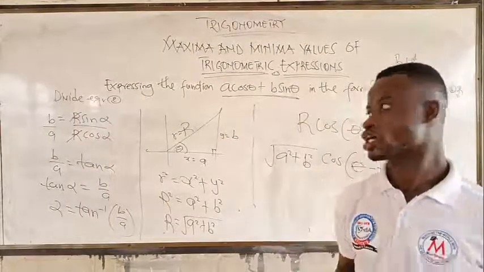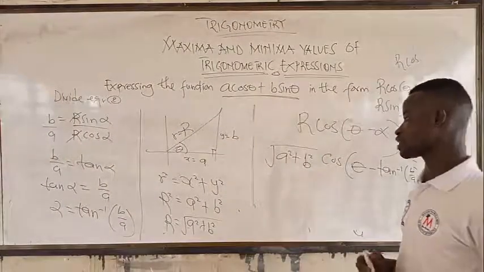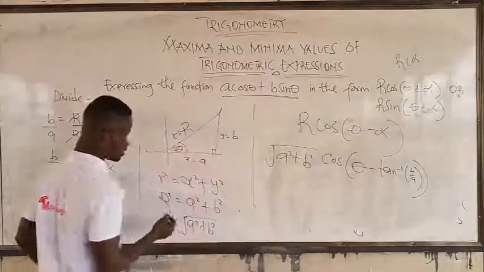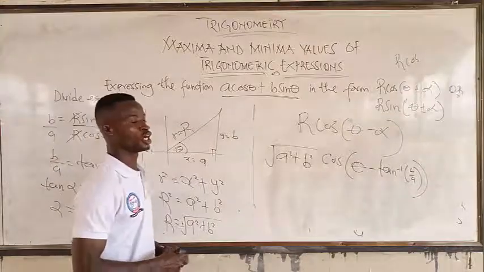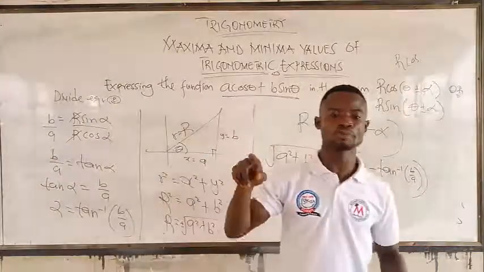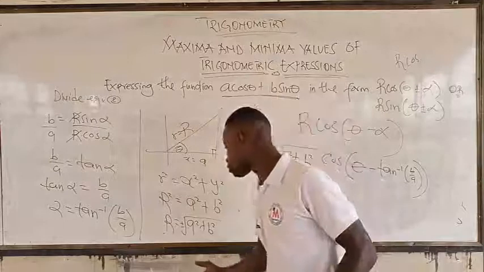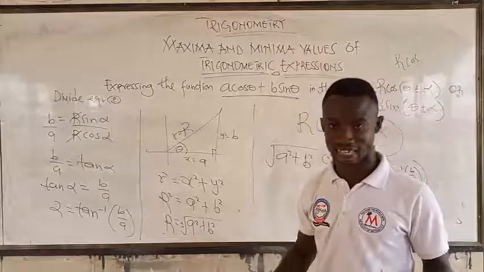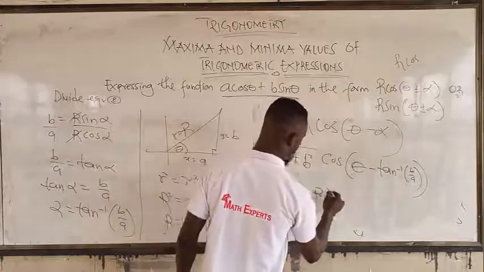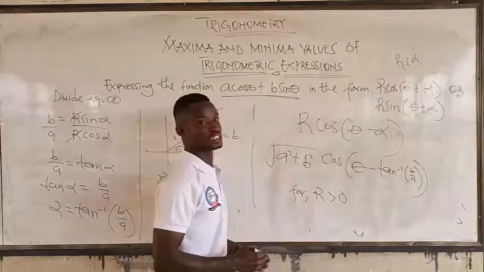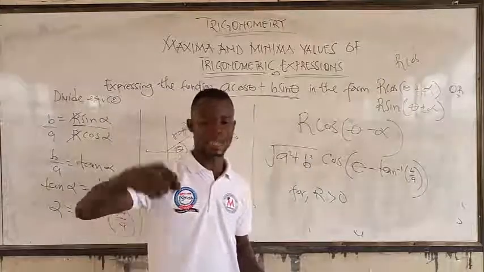Now, don't forget, let me tell you something about this. The moment you take a square root, you bring plus or minus. For R to be greater than 0, it means that it will be the maximum.